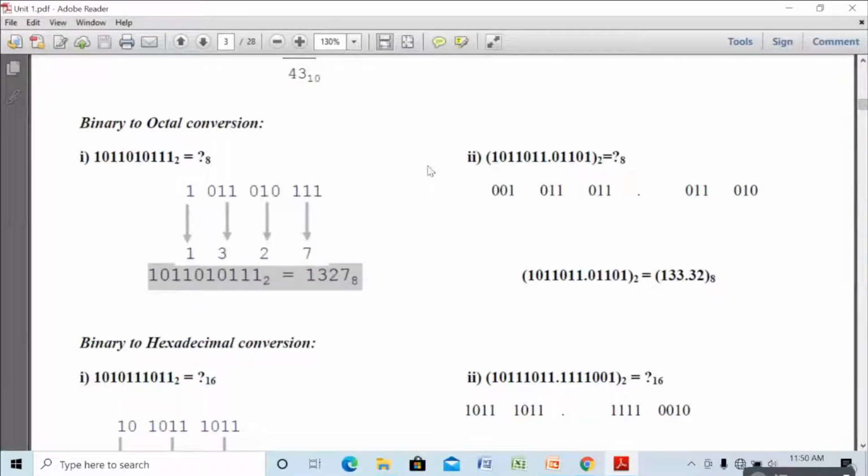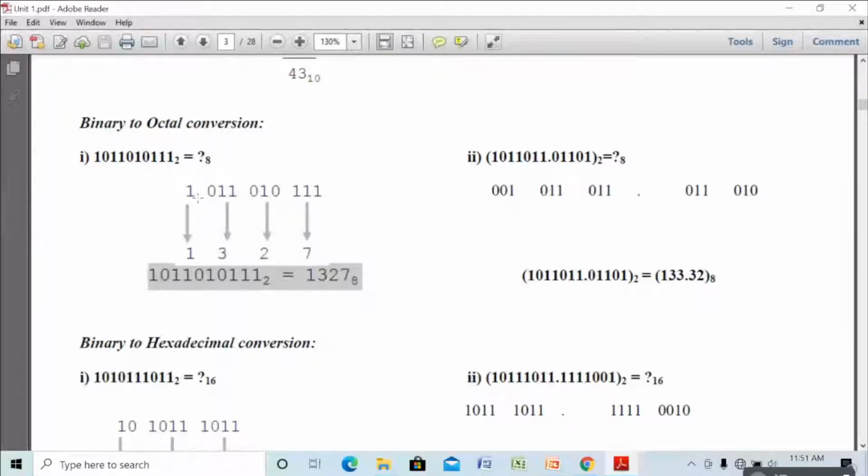In this example, 1011010111 is the binary number. We have to convert this binary number to octal, so we separate it into 3 bits from right to left: 111, then 010, 011, then 1.